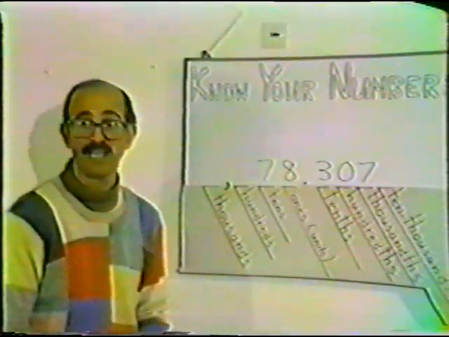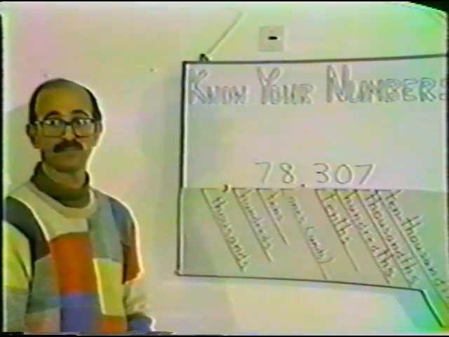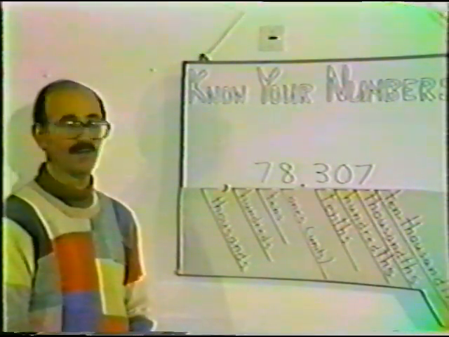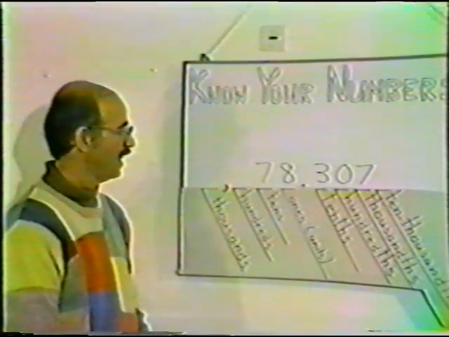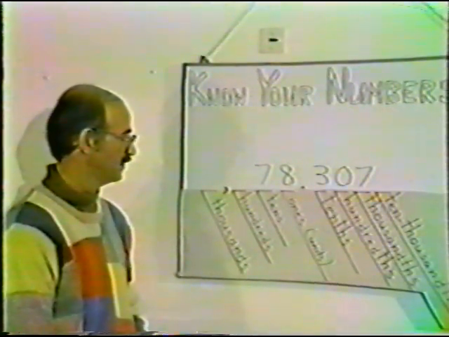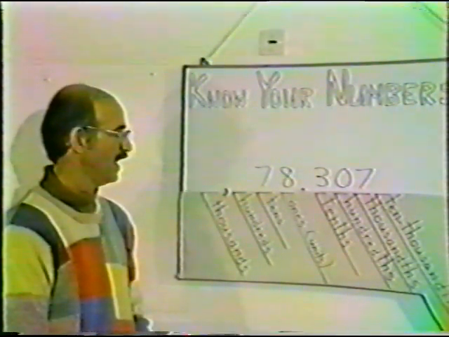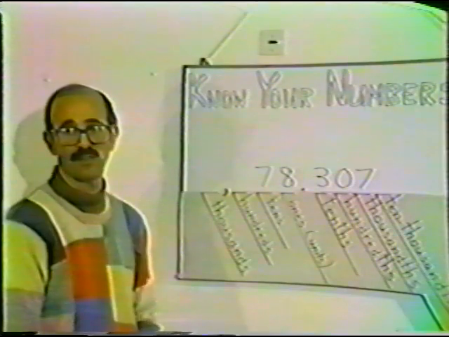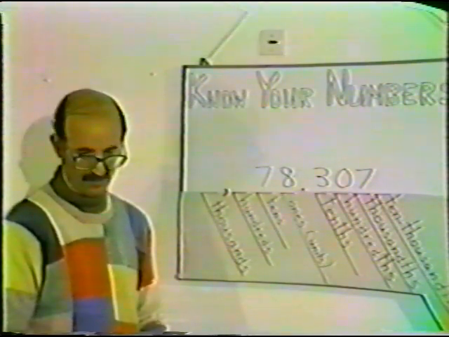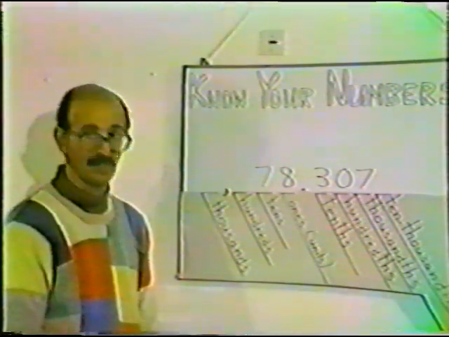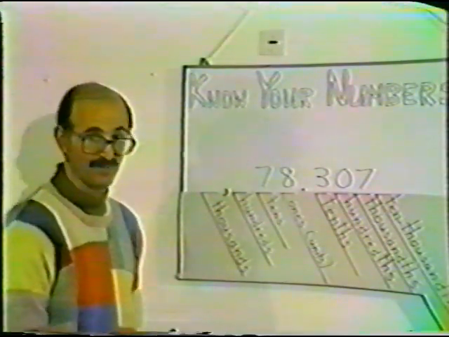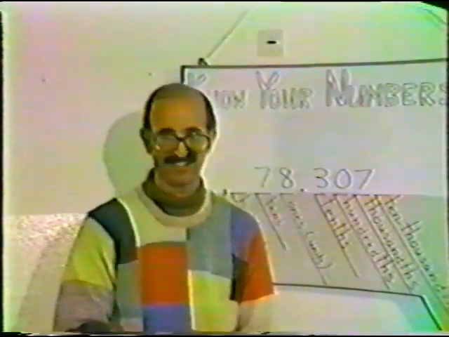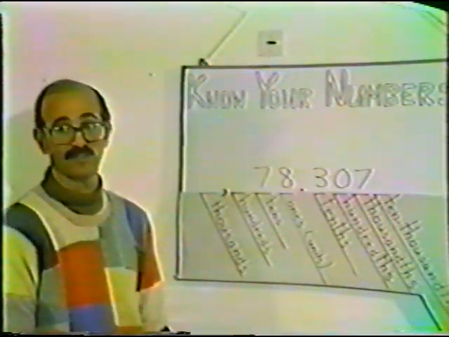What number is in the tens place? 7. What number is in the hundredths place? 0. And what number is in the ones place? 8. All right, do you know your numbers? Yes. Let's do some more.